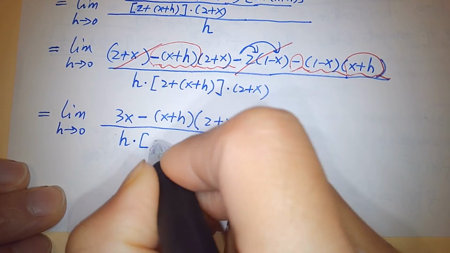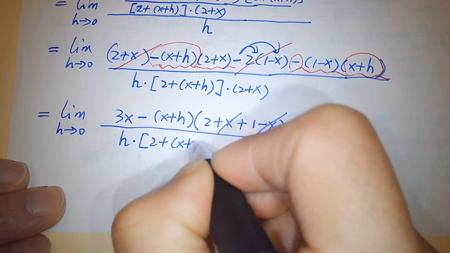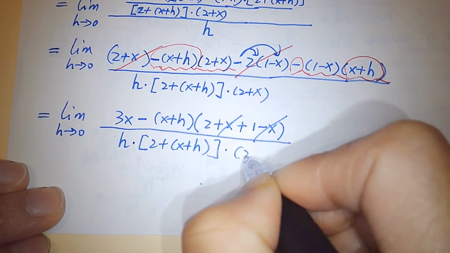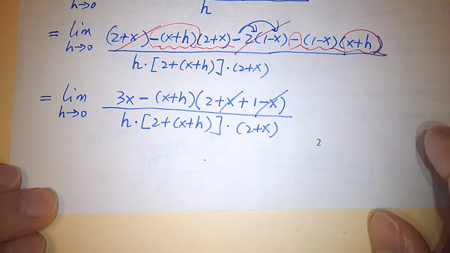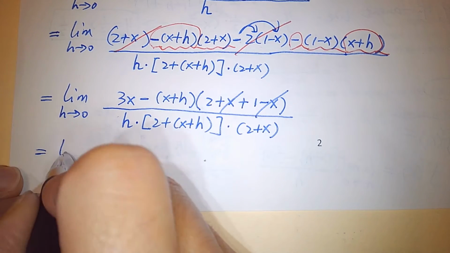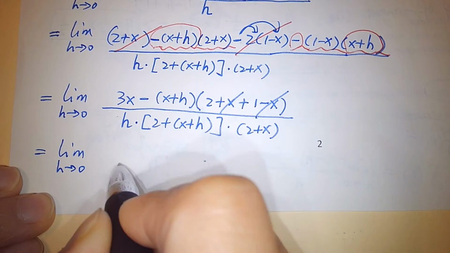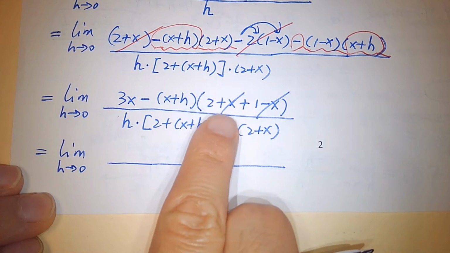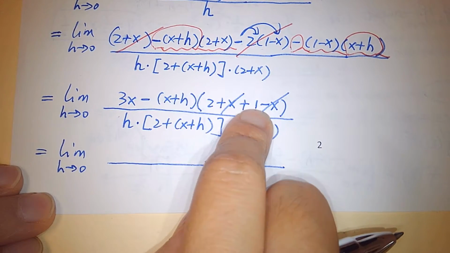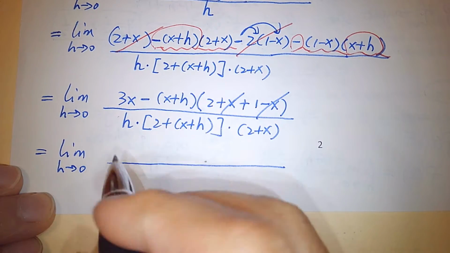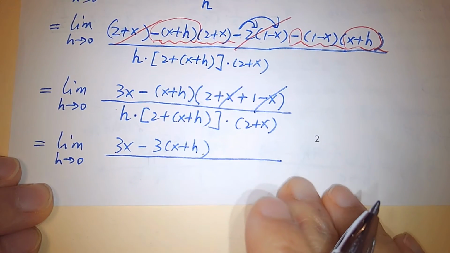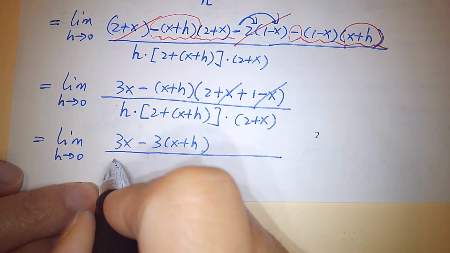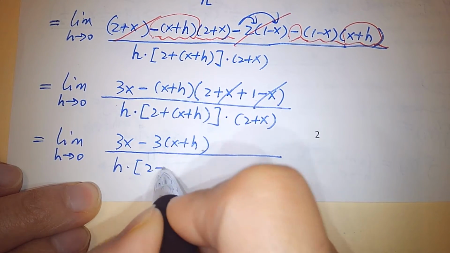H times by parenthesis, bracket 2 plus x plus h times by 2 plus x. Let's see on the top. 2 plus 1 give us 3, right? So this is 3x minus 3x plus h, right? Divide by whatever, okay.